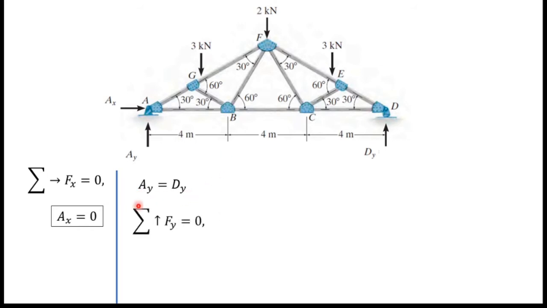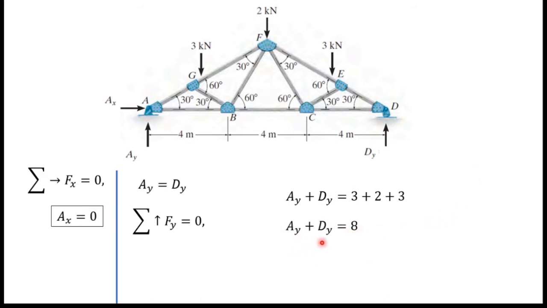Next I am going to consider the sum of all the vertical forces. If I consider vertical forces, I can write AY plus DY equals 3 kilonewton, 2 kilonewton and again 3 kilonewton. If I simplify this, I get AY plus DY equals 8.